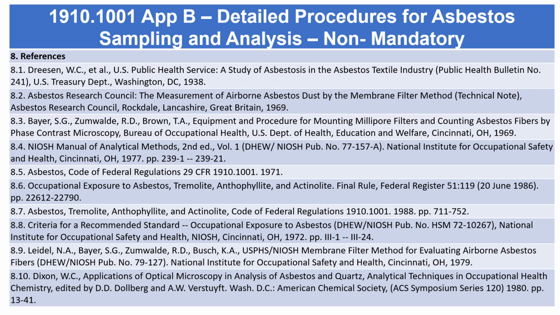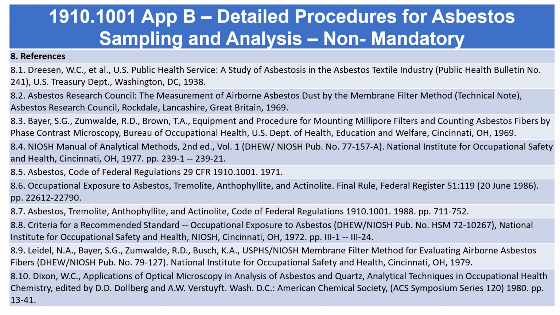BaYer, S.G., Zumwalt, R.D., Brown, T.A. Equipment and Procedure for Mounting Millipore Filters and Counting Asbestos Fibers by Phase Contrast Microscopy, Bureau of Occupational Health, U.S. Department of Health, Education, and Welfare, Cincinnati, Ohio, 1969. 8.4. NIOSH Manual of Analytical Methods, 2nd edition, Volume 1, DHEW/NIOSH Pub. No.